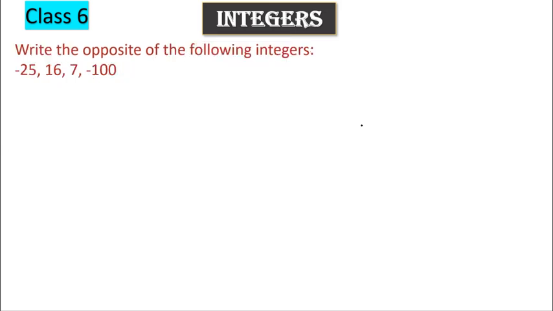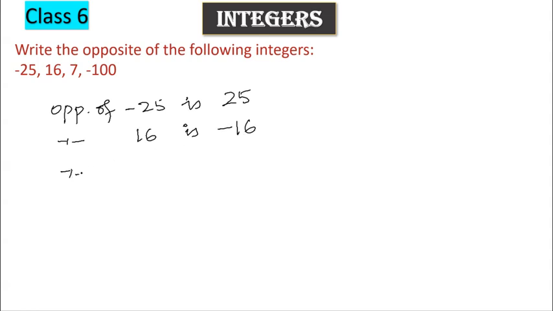Now we shall look at this question. Write the opposite of the following integers. The opposite of -25 is positive 25. The opposite of positive 16 is negative 16. The opposite of positive 7 is negative 7.